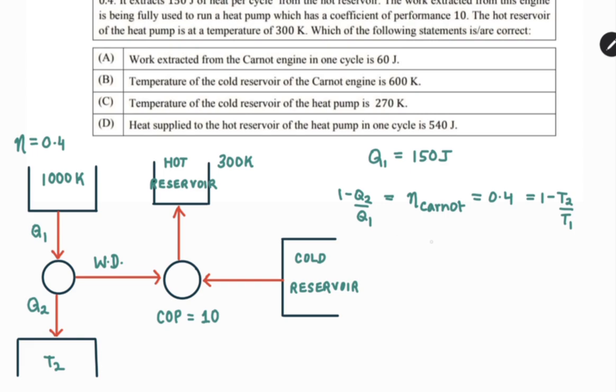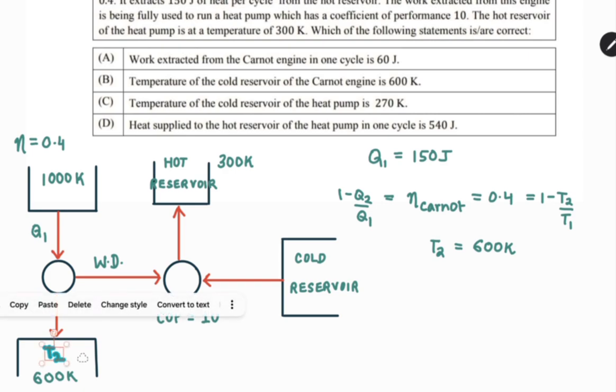For the calculation of temperature T2, we obtain T2 by 1000 as 1 minus 0.4, which is 0.6, into 1000. That is, we obtain T2 as 600 Kelvin. So we can write here straight away that this is the 600 Kelvin temperature, which we earlier marked as T2.